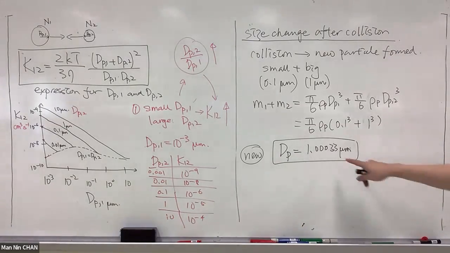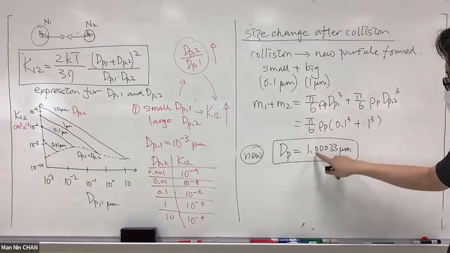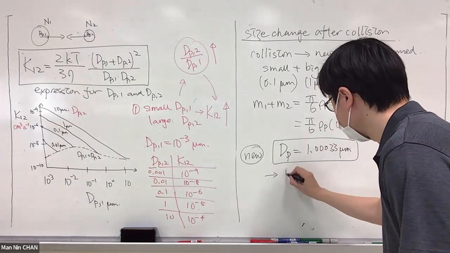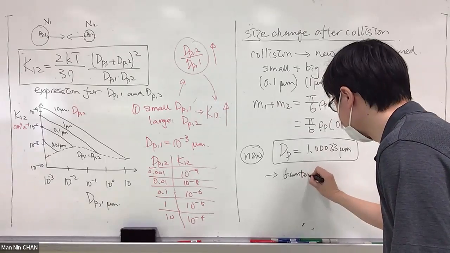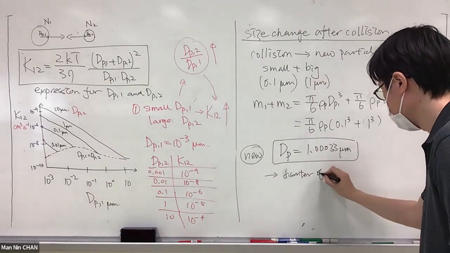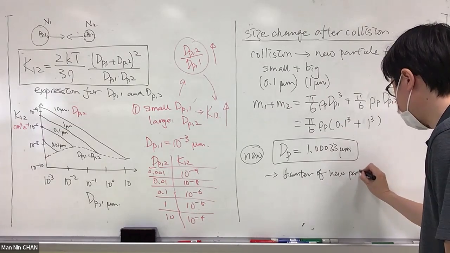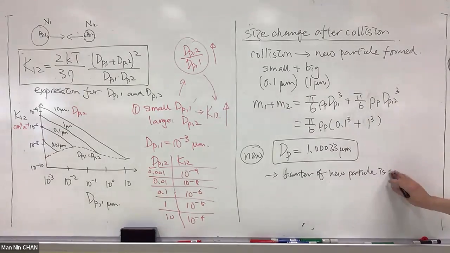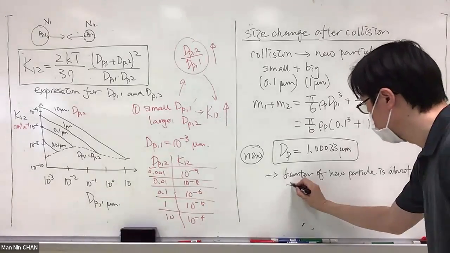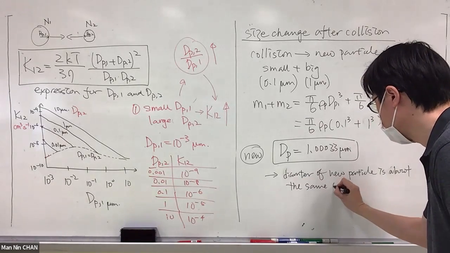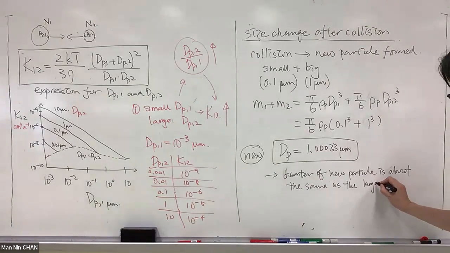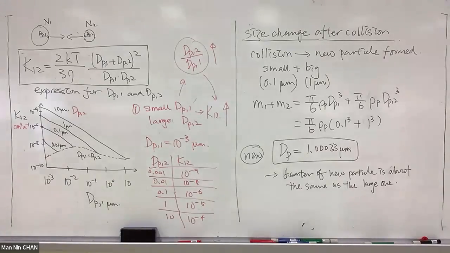Do you see the point? Because this is just a large particle. The overall idea is that the diameter of the new particle is just about the same as the large particle, if you just have one collision happen.